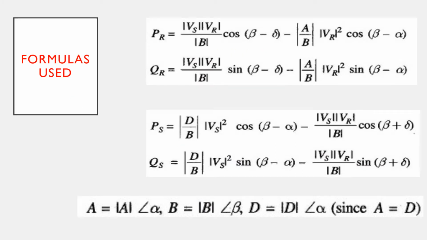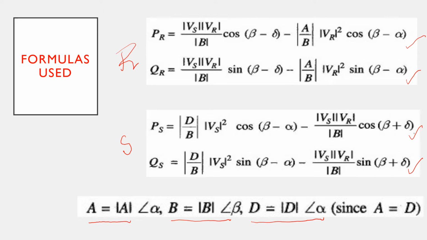These are the set of formulas used for our calculation. The first one is to calculate the receiving end reactive and real power, and the second set is the sending end real and reactive power, and these are the constants A, B, C, D, the ABCD constants that we are going to use to do this calculation.